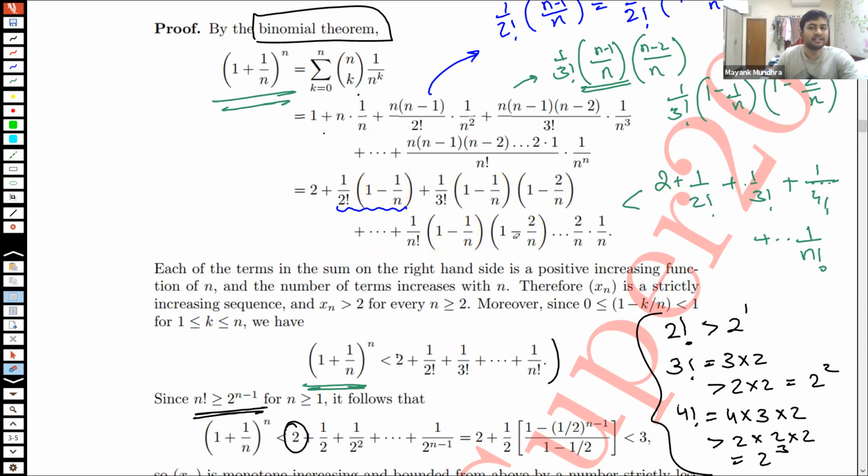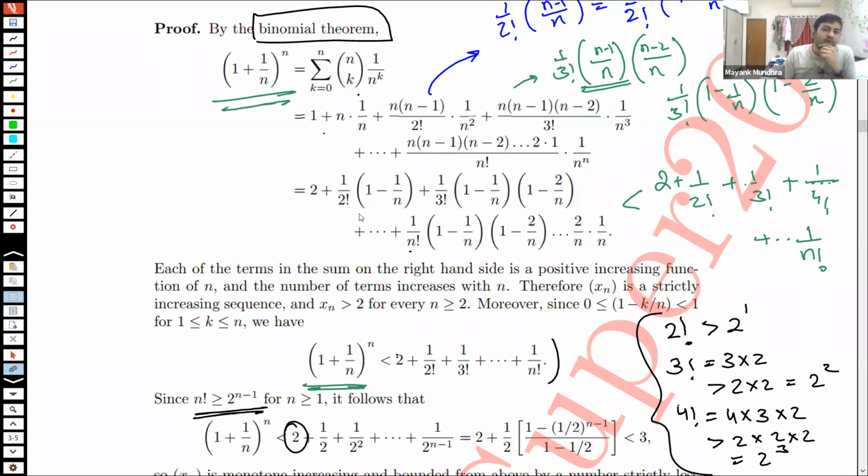As n increases, the number of terms increases, right? For n equals 1, you will just have this. For n equals 2, you will just have these 2 terms. For n equals 3, you will have just these 3 terms. So as you keep on increasing n, the number of terms keeps on increasing.